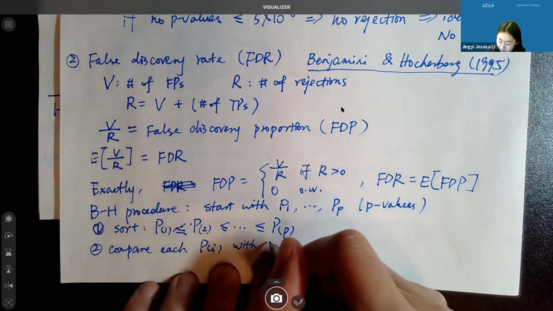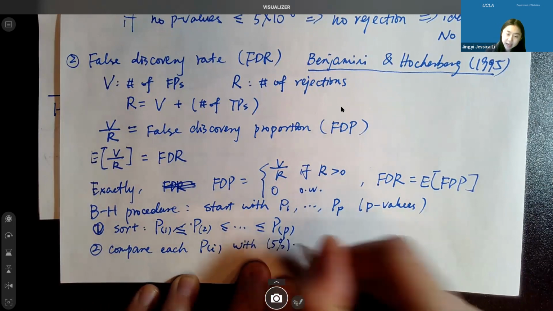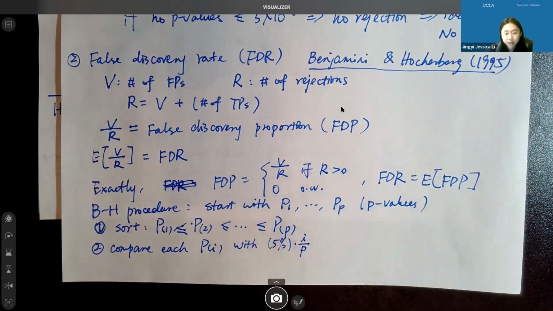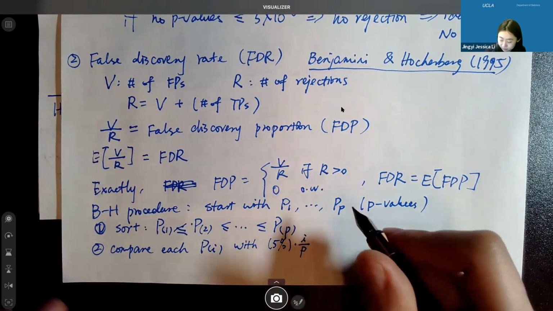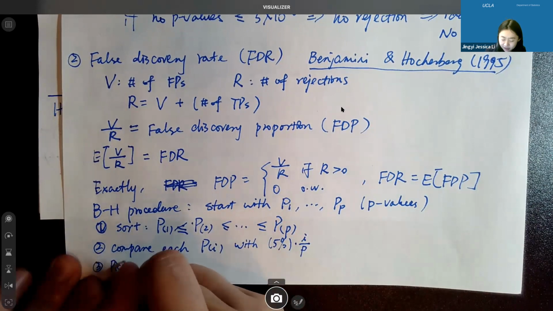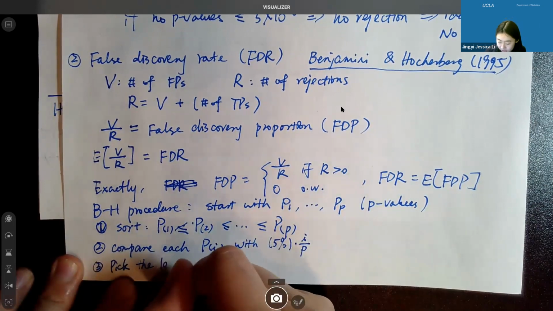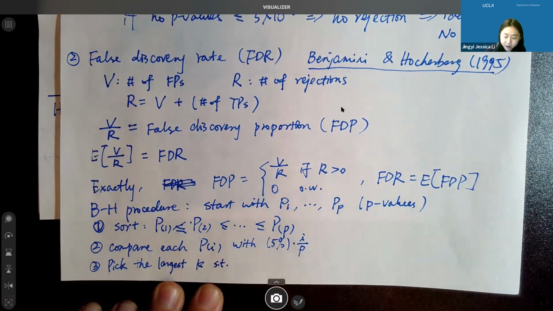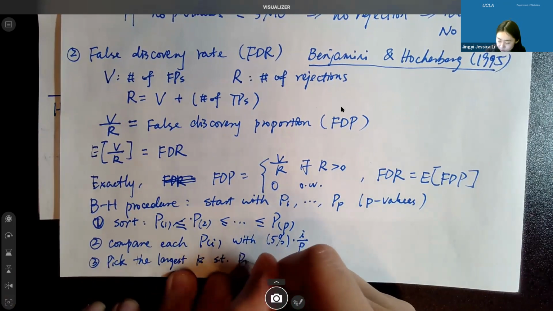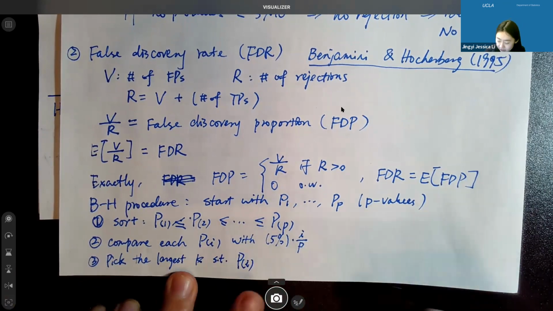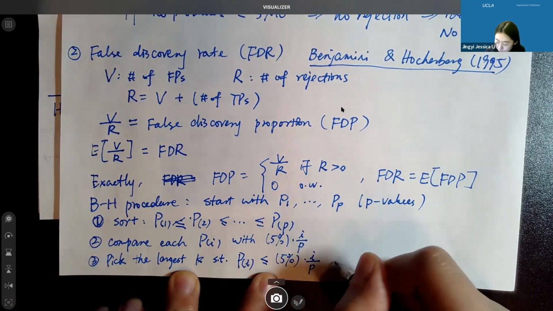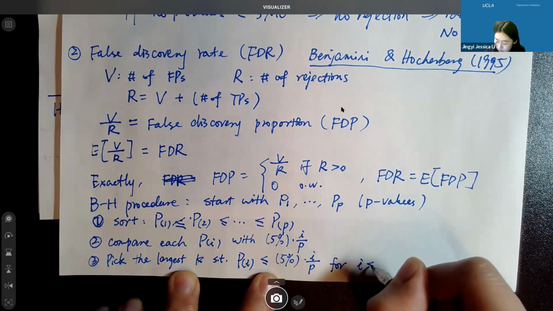So I will compare each p-value against the 5% target times i, the ith p-value order, divided by P. Finally, I will pick the largest order k such that the sorted p-values satisfy P(i) less than or equal to 5% times i over P, for i less than or equal to k.